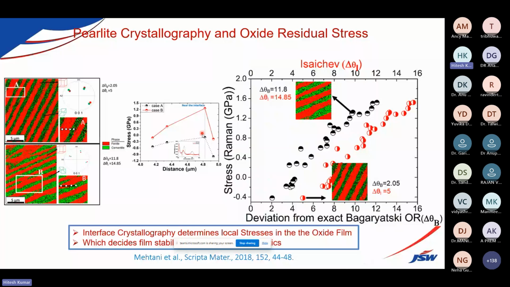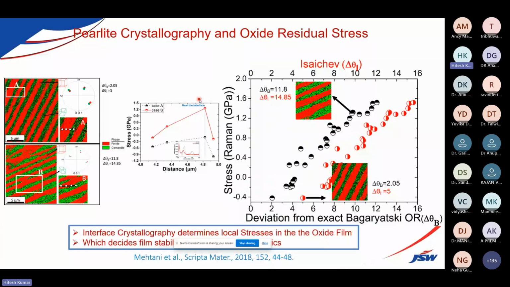But when they are not aligned in a particular direction, the stresses are quite high. Because of this stress difference, there might be relaxation, and because of that we are getting cracks inside the oxide scale.